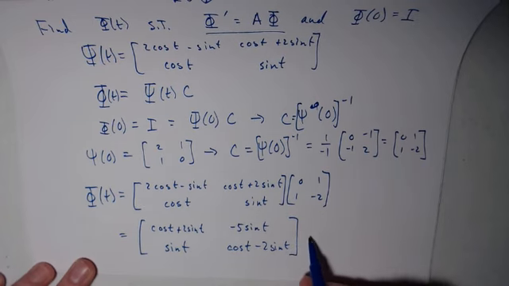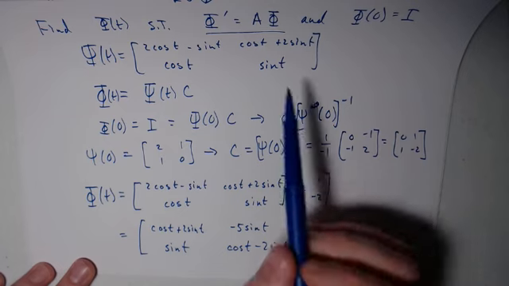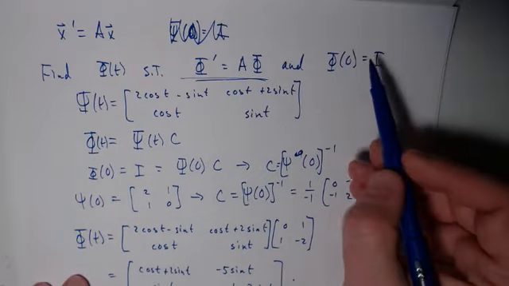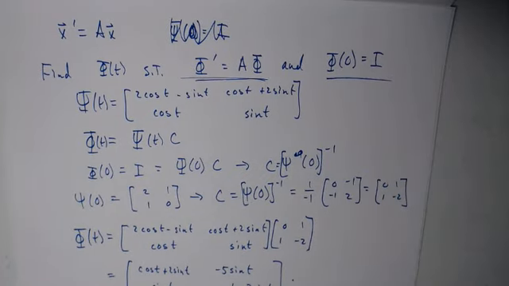So this matrix here satisfies the differential equation, and when I plug in 0, I get 1, 0, 0, 1. So it satisfies the initial condition as well.